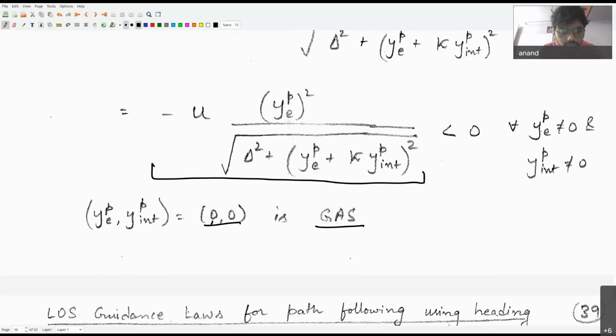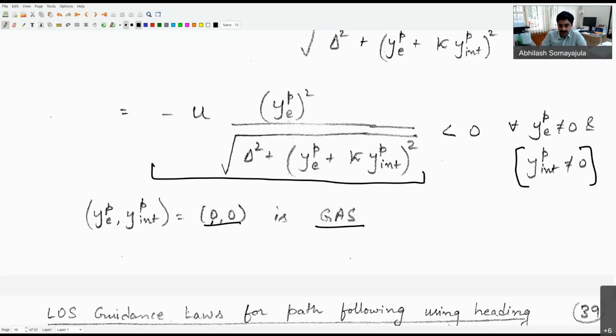So as long as YPE is not equal to 0, this value of V dot will be equal to 0 when YPE is 0. No, sir, I'm talking about YP int. YP int need not be 0 actually. Yeah, that's right. Can be any value. It's not required.